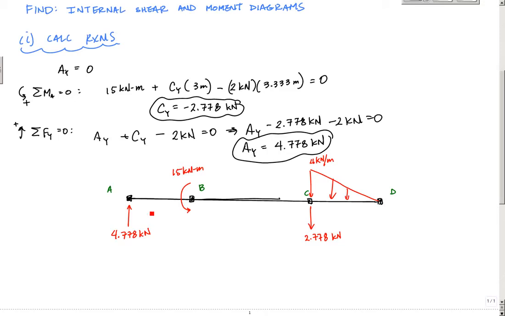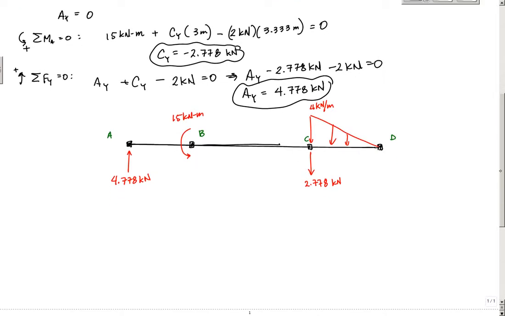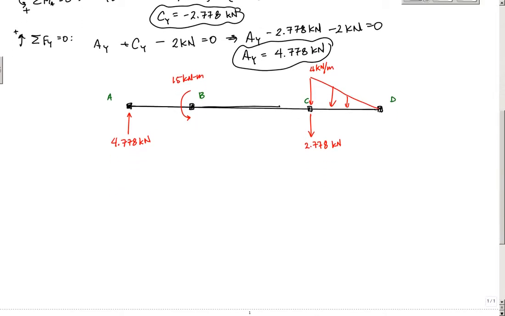Now we've got all the concentrated forces, the external reactions, and the external loading all on my structure. And now I've got to draw the internal stuff. To help you draw this, wherever I have a discontinuity, or an edge if you will, I want to draw a vertical line. So right here, this will be for my shear and moment diagrams.